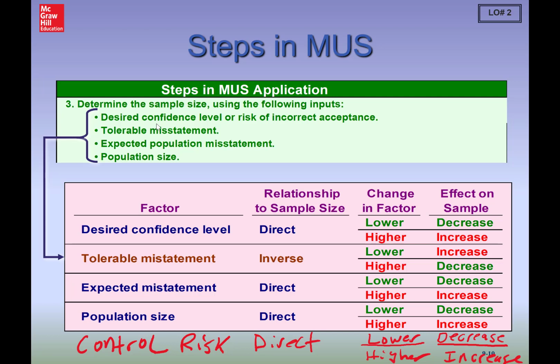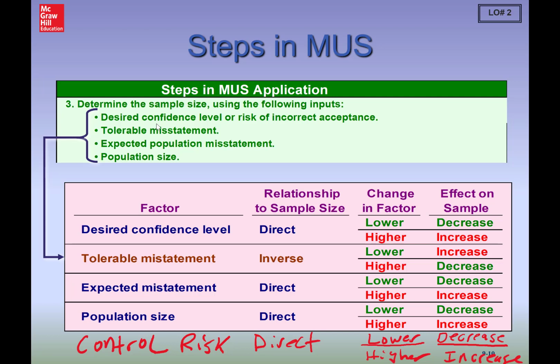Okay? Expected misstatement is direct. If I have a client that is prone to errors and misstatements in their financial statements, whether caused by error or fraud, I better audit the heck out of that to make sure I'm finding their sloppy work, right?